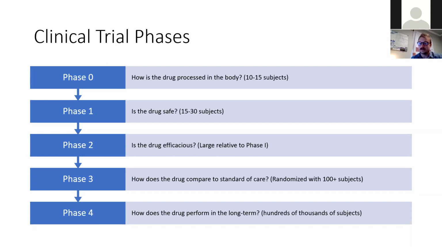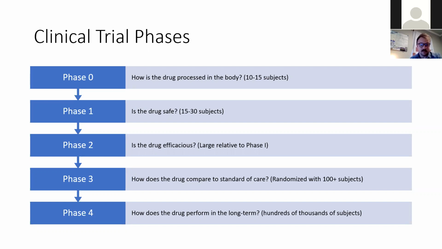These aim to learn how a drug is processed in the body and how it affects the body. In these trials, we're generally looking at about 10 to 15 patients and giving them a very small dose of drug. Phase 1 trials, which is what we're focused on today, aim to find the best dose of a new drug with the fewest side effects.